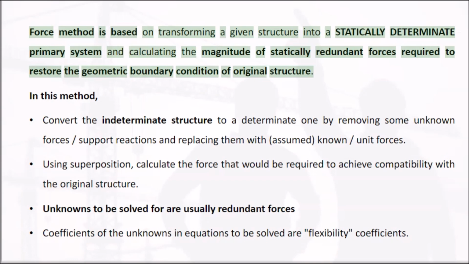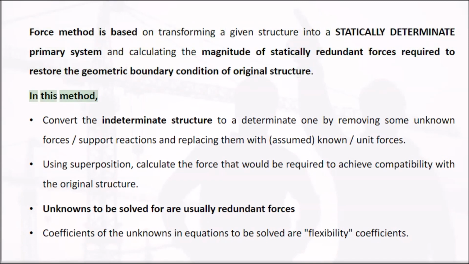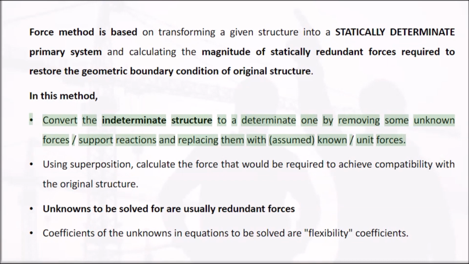Force method is based on transforming a given structure into a statically determinate primary system and calculating the magnitude of statically redundant forces required to restore the geometric boundary condition of the original structure. In this method, convert the indeterminate structure to a determinate one by removing some unknown forces or support reactions and replacing them with assumed, known unit forces.